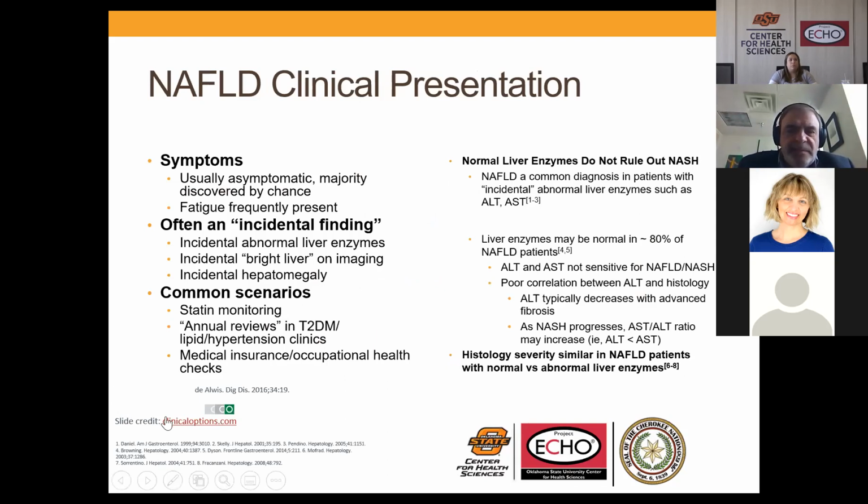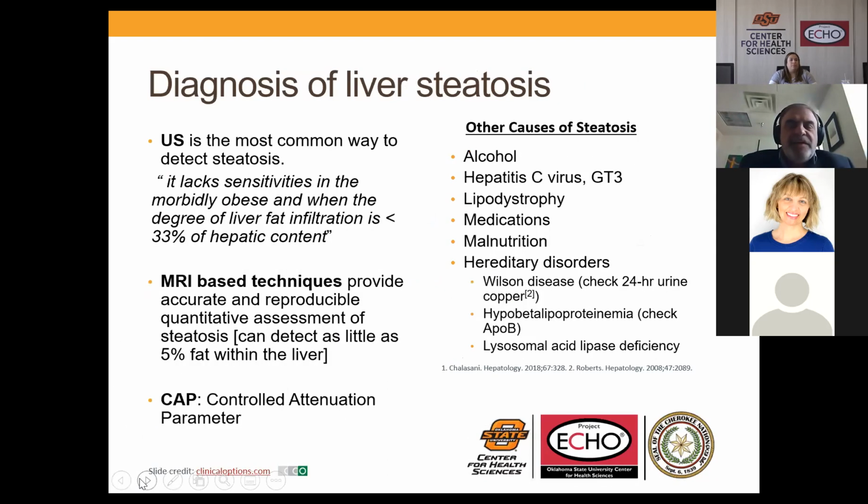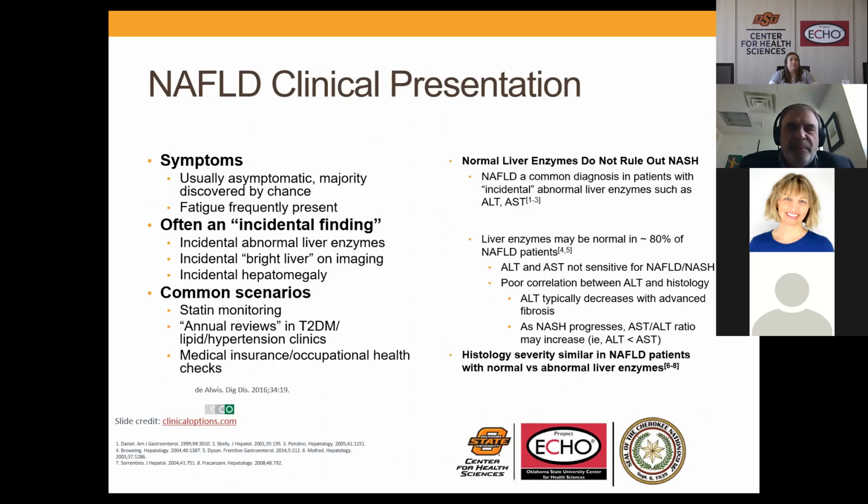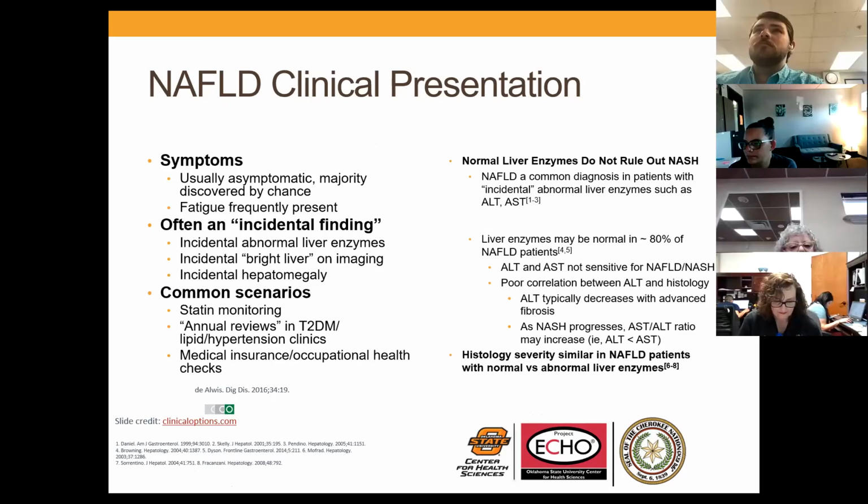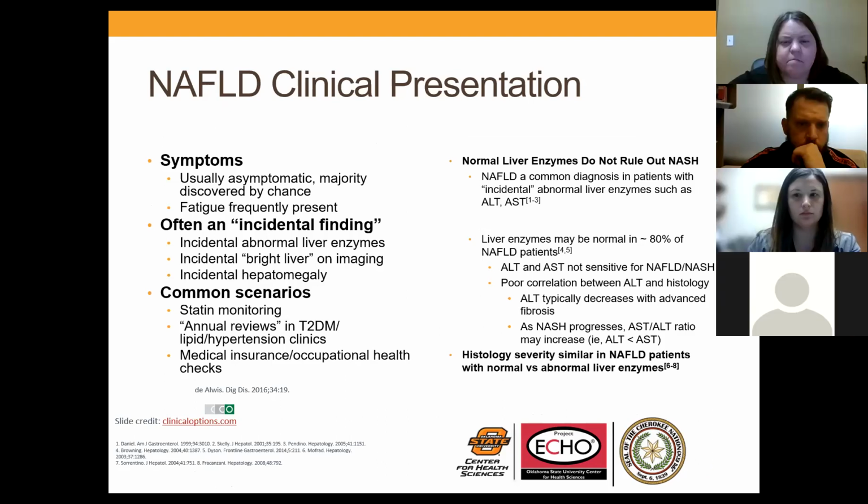Next slide, please. Okay, so the clinical presentation, let's go back one. Nobody presents to your clinic saying, I have symptoms of fatty liver. It's usually an incidental finding because you did an ultrasound of the liver or the abdomen for whatever reason and found that the patient had fatty liver, or because they had elevated liver enzymes, and you started working the patient up, and they ended up having fatty liver.